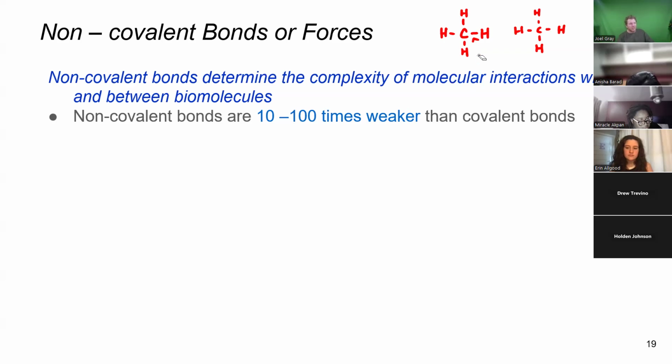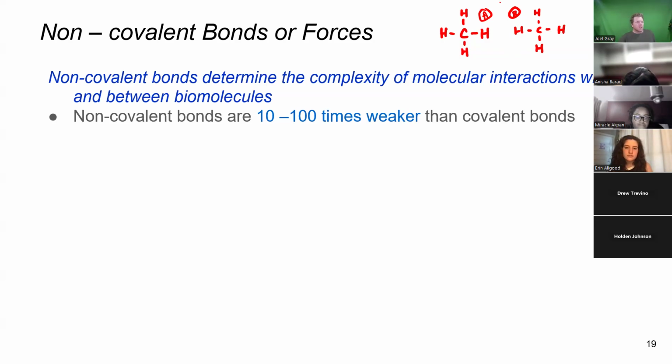But then if we say, not necessarily within a molecule, but how does molecule A here and molecule B here interact? Well, they're going to interact with an induced dipole. What do I know about these two molecules? They're both nonpolar molecules. So those two nonpolar molecules interacting through an induced dipole, super weak interaction.